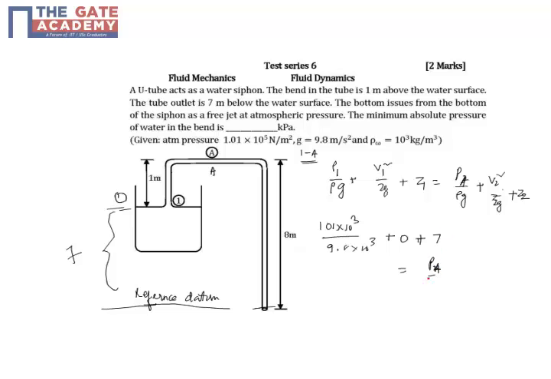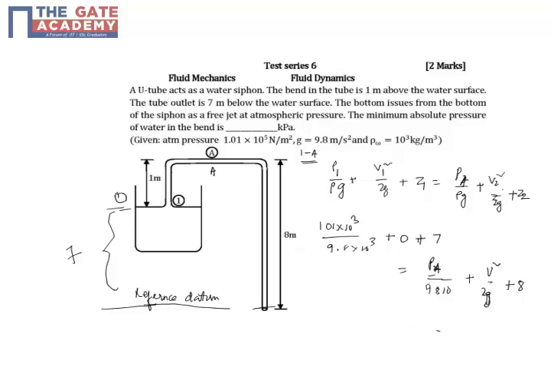PA by rho g, where rho g is 9810, I have just multiplied by 1000. V2 is the velocity of the flow in the pipe, which we don't know, and Z2 is 8. So in order to get the pressure, we need the velocity, because everything else is known.